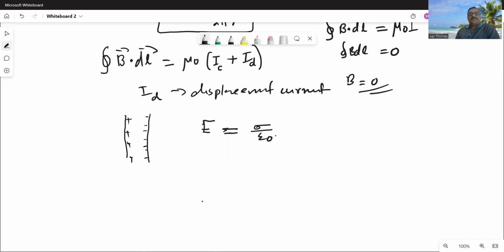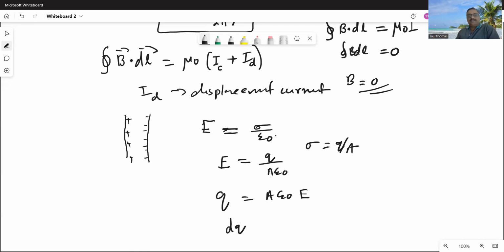What is sigma? Q divided by A. So E equals Q divided by A epsilon 0, and Q equals A epsilon 0 E. If you differentiate Q with respect to time, you will get a current.